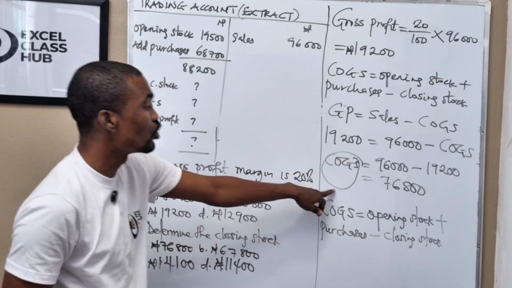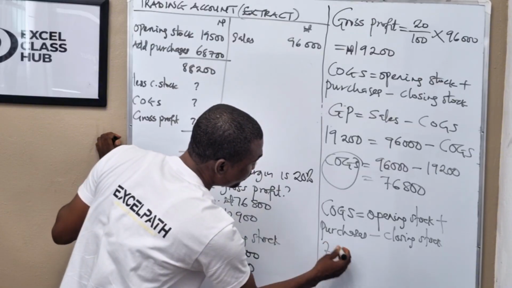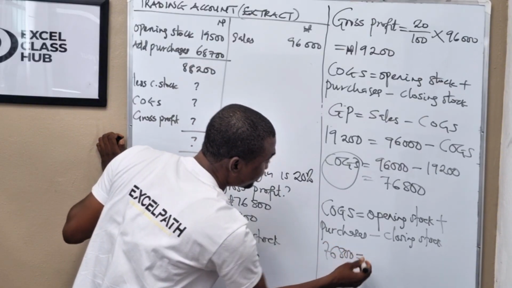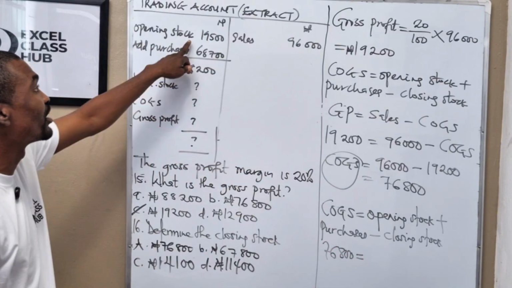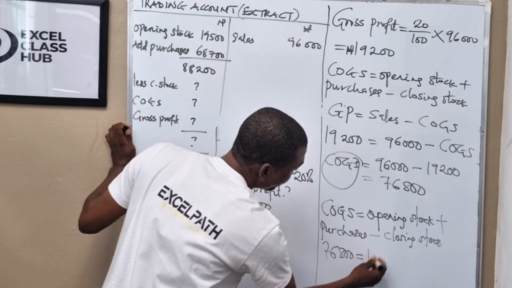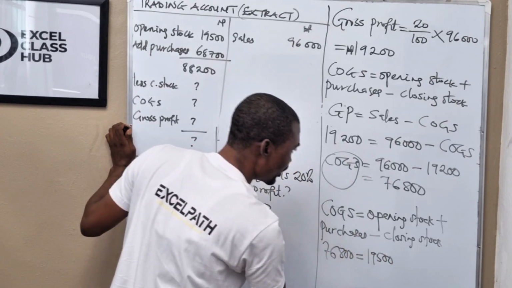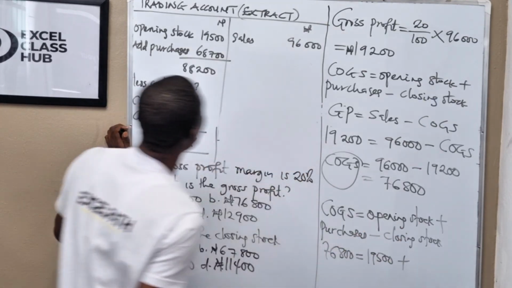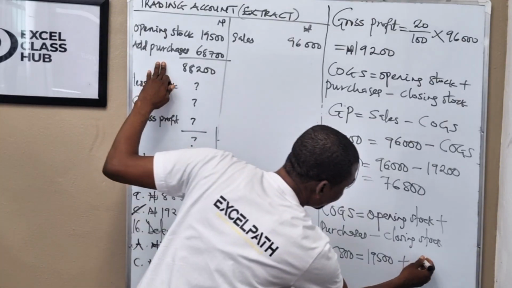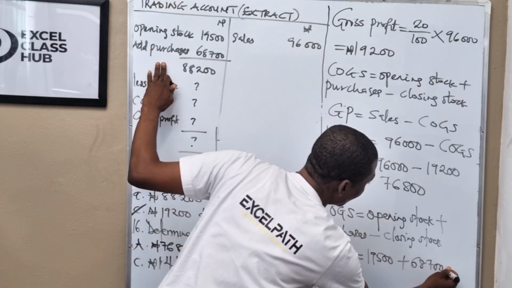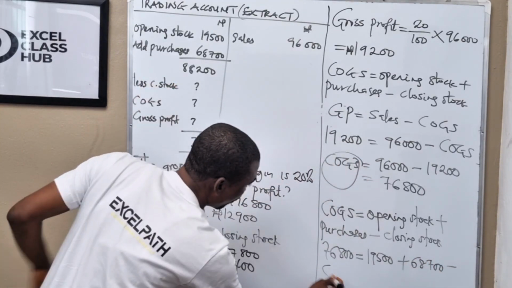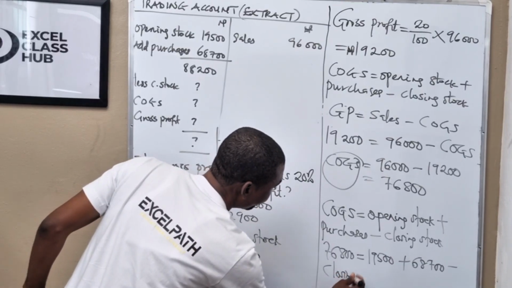So 76,800 is equal to opening stock, which we are given in the question as 19,500, plus purchases, which is 68,700, minus closing stock, which we are looking for.